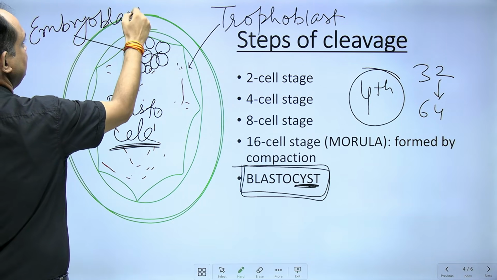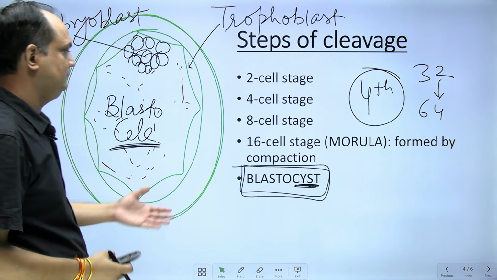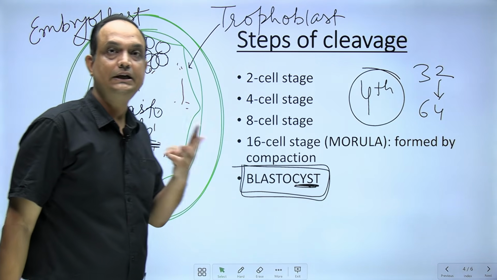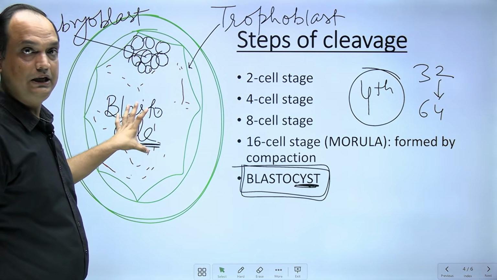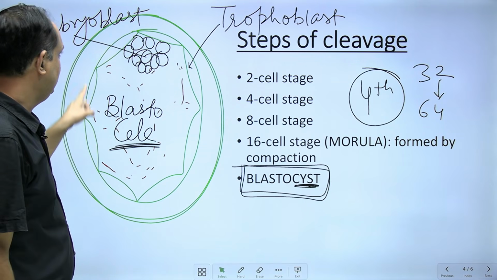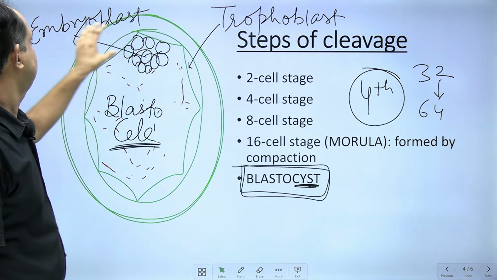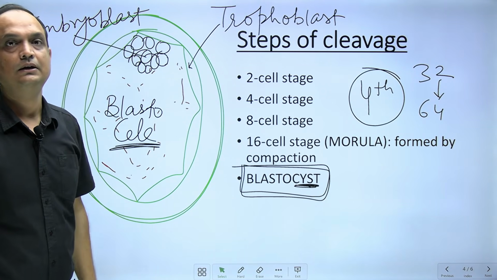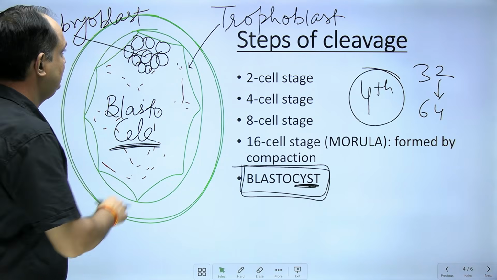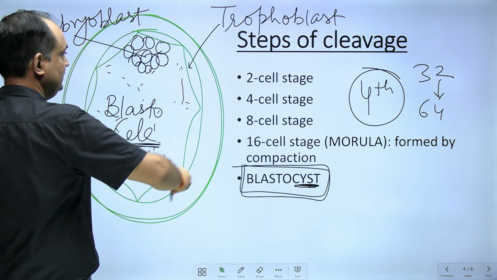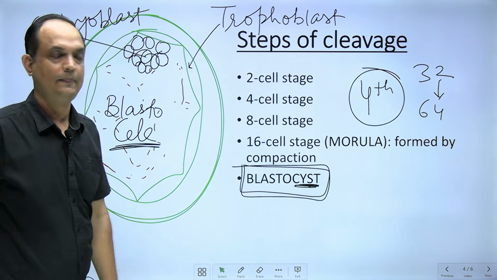So once the blastocyst forms, there are three names you can see: blastocele, this outer layer which is now known as the trophoblastic cell layer, and this inner cell mass which is now known as embryoblast.